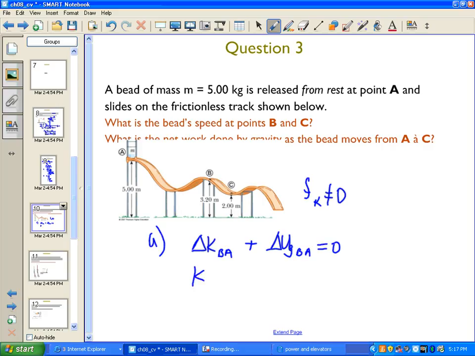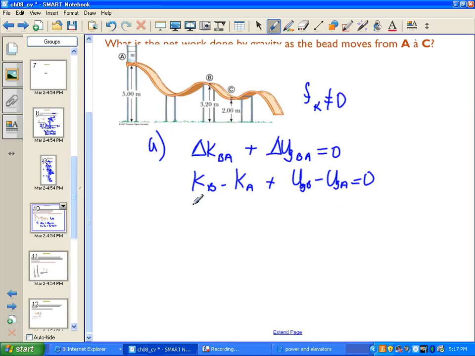In other words, K_B minus K_A plus U_G,B minus U_G,A equals 0. The ball starts from rest, which implies that K_A is equal to 0.